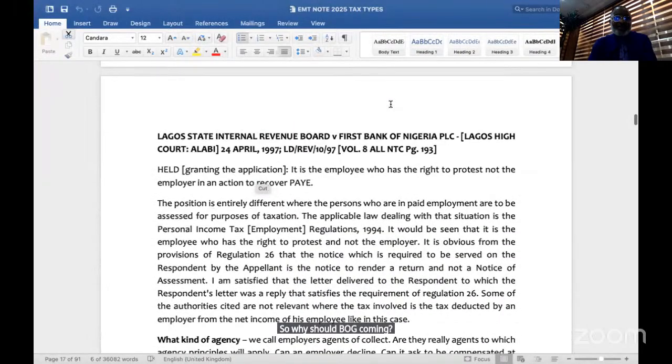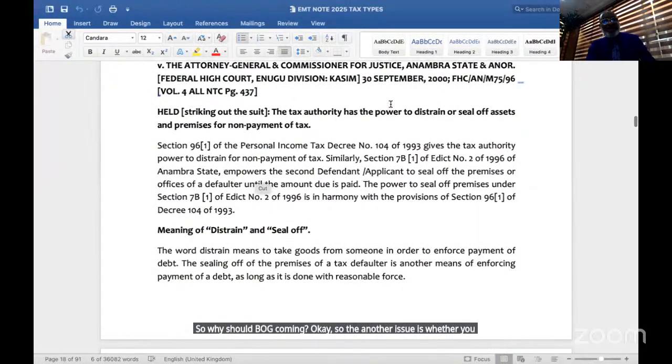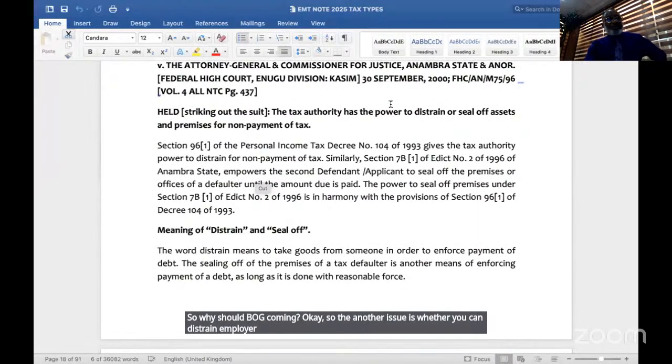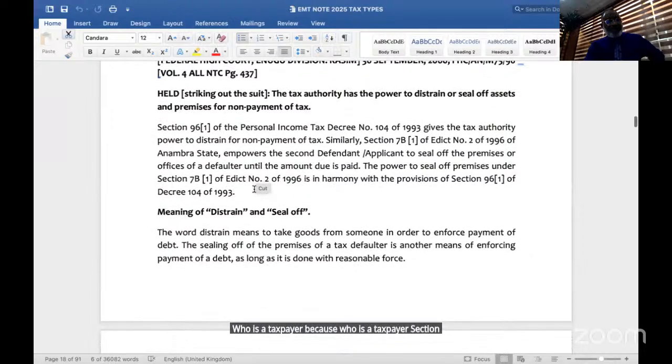Another issue is whether you can distrain an employer in respect of non-remittance. My position is that you can only distrain an individual who is a taxpayer, because Section 104 of the law repeatedly, not less than 3-4 times, refers to taxpayer.